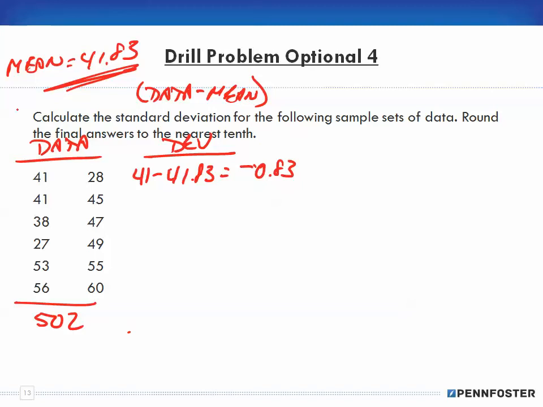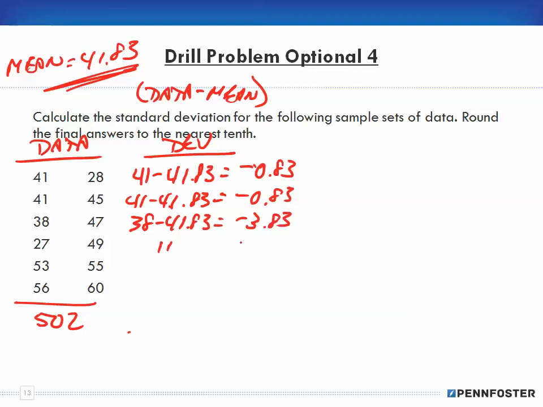I do the same thing again for the next data point, 41 minus 41.83, I get minus 0.83. Then I take 38 minus 41.83, and I get minus 3.83, and so on and so forth. I do each and every one of these data points.